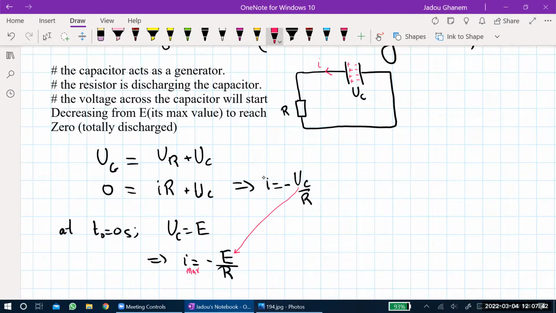So in the discharging phase, the current will be maximum initially, and it's going to be minimum finally. Assume that it's similar also to a tank filled with water. If you are taking water from it, it will give you maximum amount of water initially, and once the tank is empty, the water flowing will tend to 0.